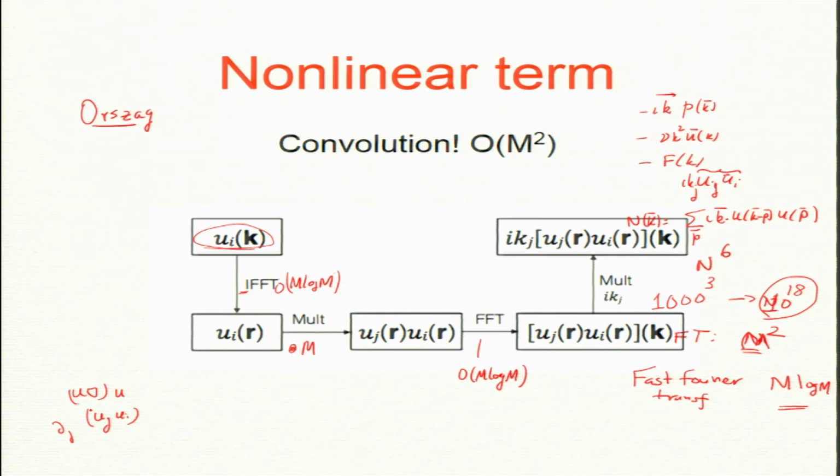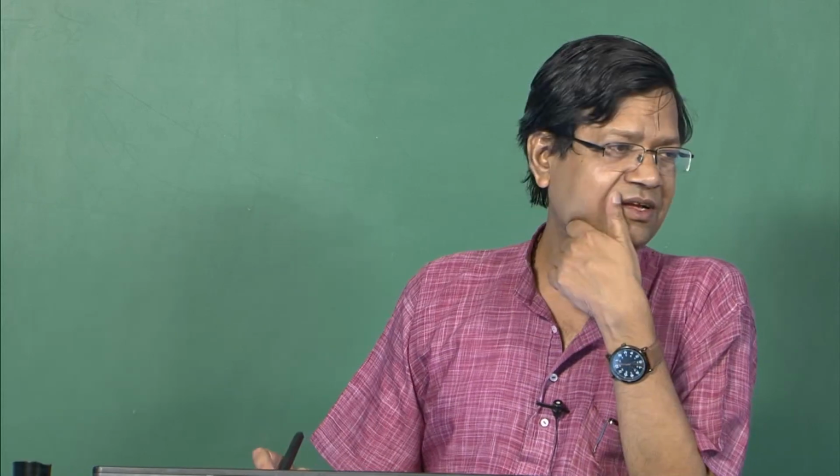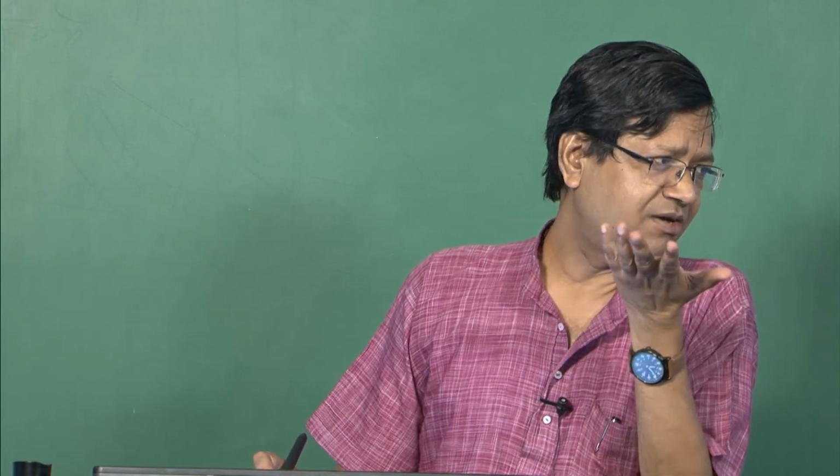The derivative in Fourier space is i k j. So, I multiply by i k j, that is a local product in Fourier space. I need to do either kx or ky or kz depending on which derivative I am taking. How many multiplications will this require? M, right, it is a local point, so order m.